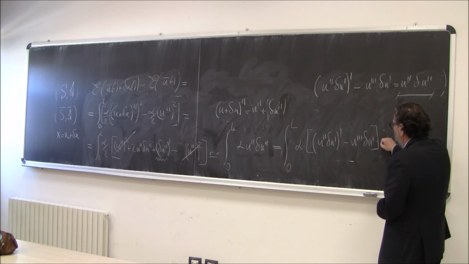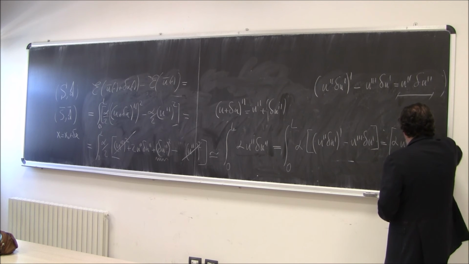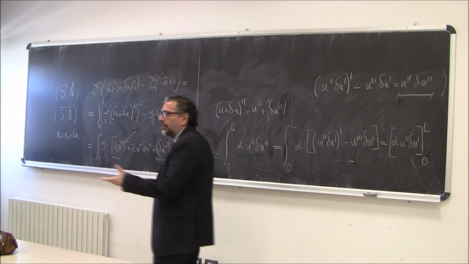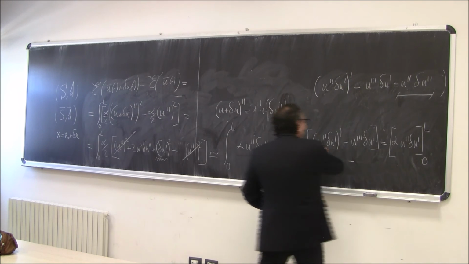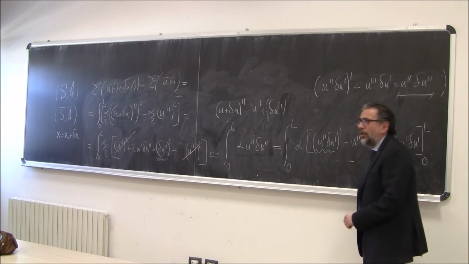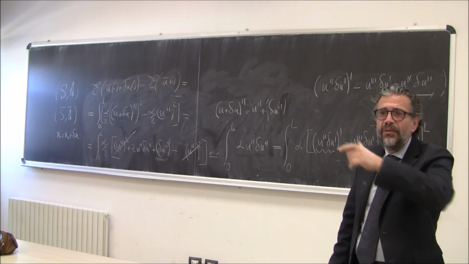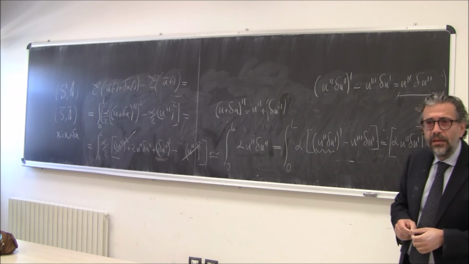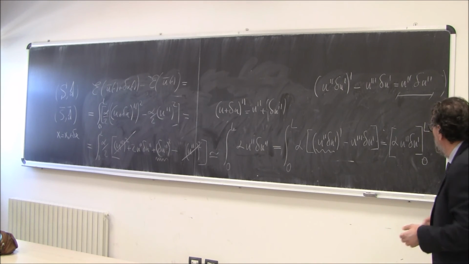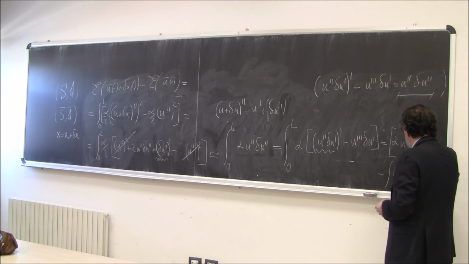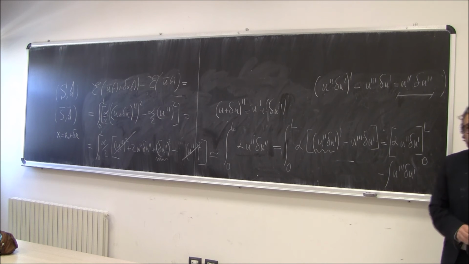So I can write here alpha u second delta u prime evaluated in 0 and L, because I have the derivative of this element integrated. So the integral of the derivative is the increment of the integrand at the end points of the interval. Okay? Calculus, first year. Okay? And then I have minus the integral of u third delta u prime. Okay?